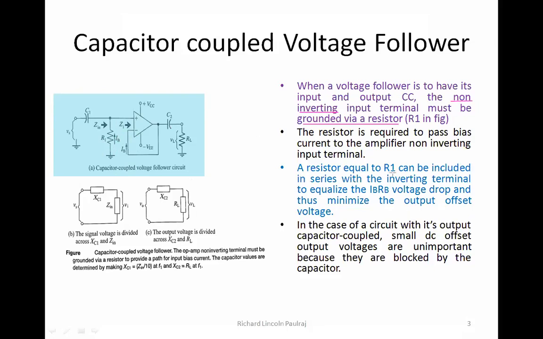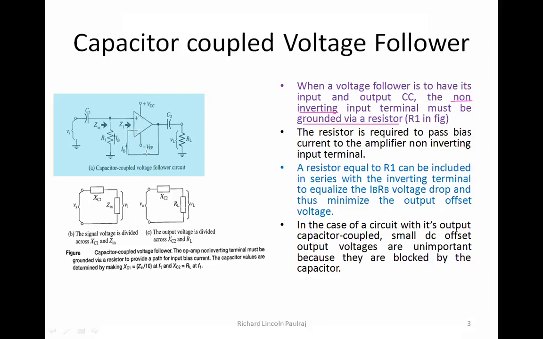A resistor equal to R1 can be included in series with the inverting terminal. So I can include one resistor here in the inverting terminal so as to combat the losses. Now I have a loss because of this, which is IB into RB. In order to combat the loss because of this resistance, I can put another resistance here because this is going to work in the opposite direction.